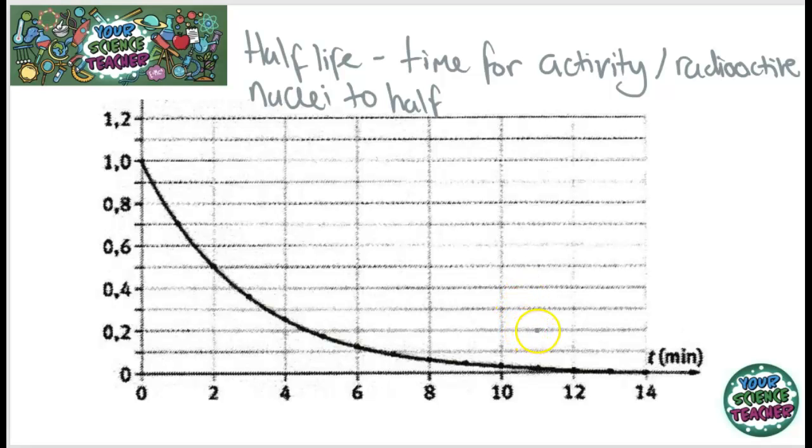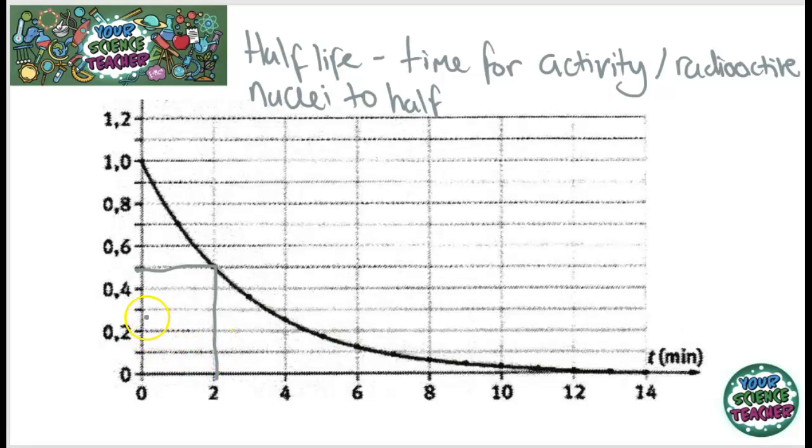Some radioactive materials have half-lives of thousands of years. But let's have a look. So this could be the number of radioactive nuclei in the millions, probably is going to be that. And you can see that it starts off at, say, 1 million radioactive nuclei, and it takes 2 minutes to half to go to 0.5.